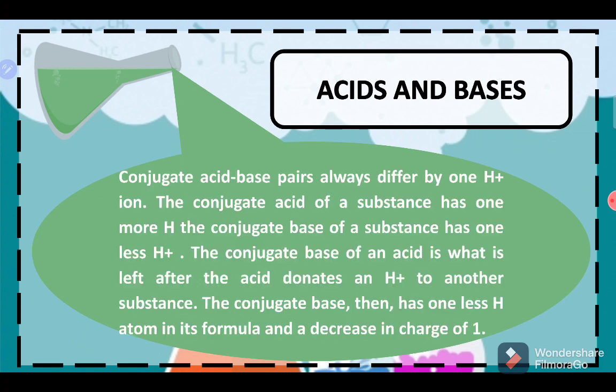Okay, so let's proceed. Conjugate acid-base pairs always differ by one hydrogen ion. The conjugate acid of a substance has one more hydrogen than the conjugate base of a substance. The conjugate base of an acid is what is left after the acid donates a hydrogen ion to another substance. The conjugate base then has one less hydrogen atom in its formula and a decrease in charge of 1.